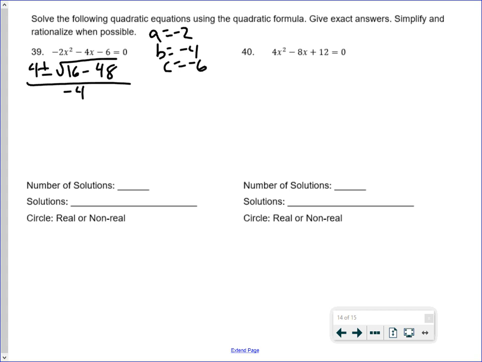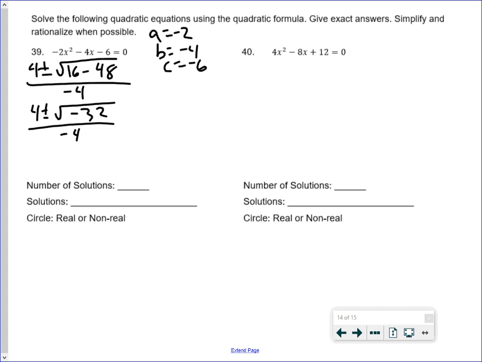So 16 minus 48, that gives us negative 32. So 4 plus or minus the square root of negative 32 all over negative 4. Okay? So we're going to keep going.